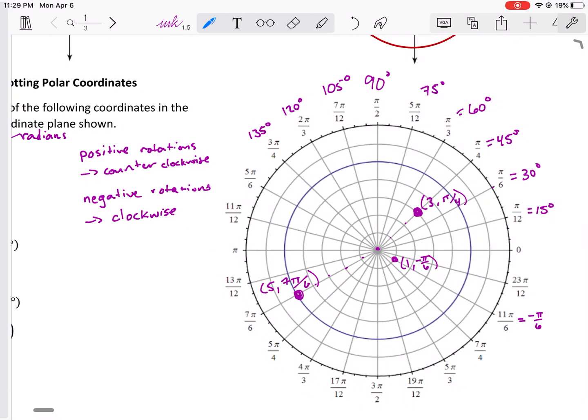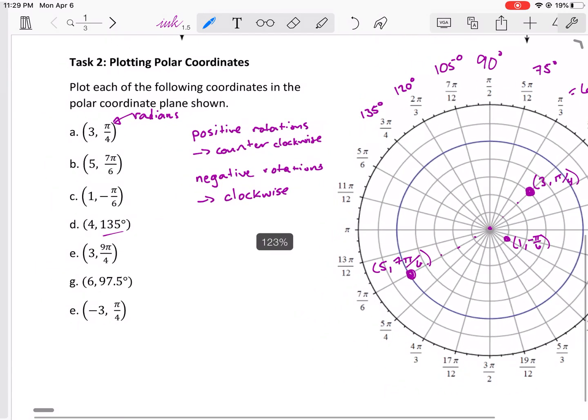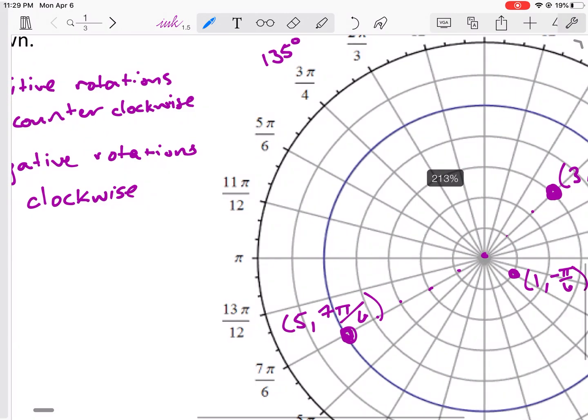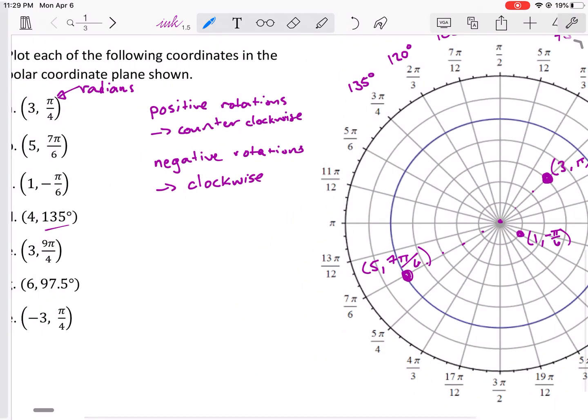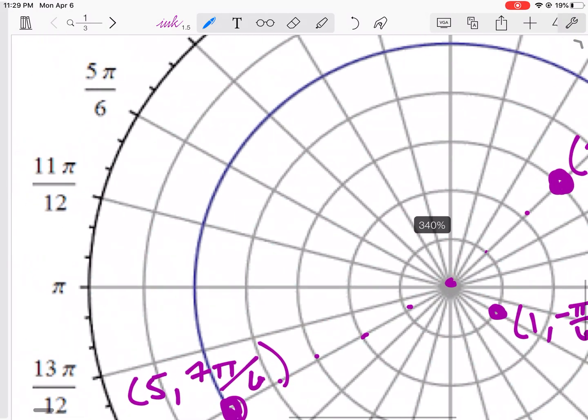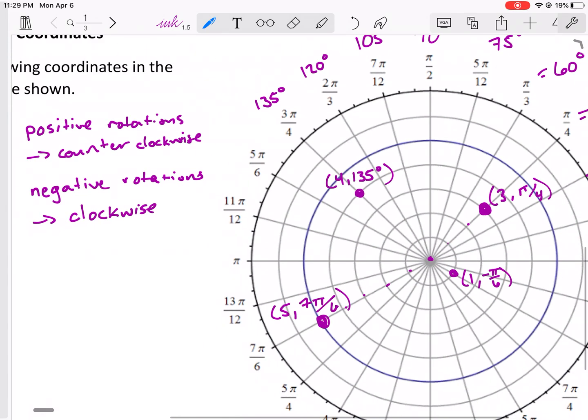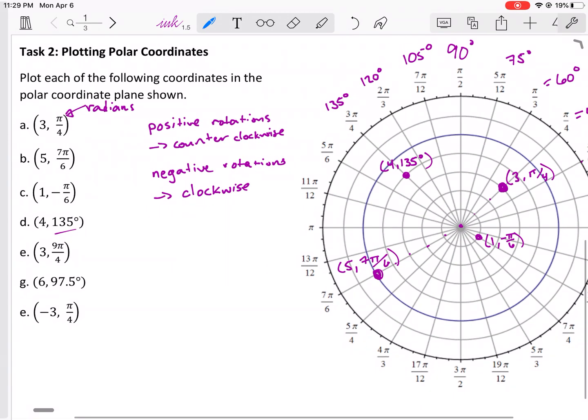I encourage you to take a second, just pause this video and go around and fill out the rest of the circle. But now that we have 135 degrees, we're looking for 4 as our radial distance out to 135. 4 is here. It says 4 comma 135 degrees. If you wanted in radians, you could have written 3 pi over 4 instead.